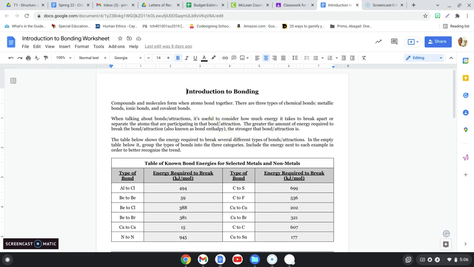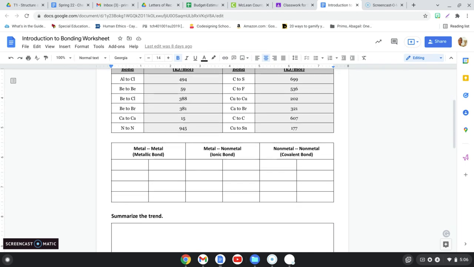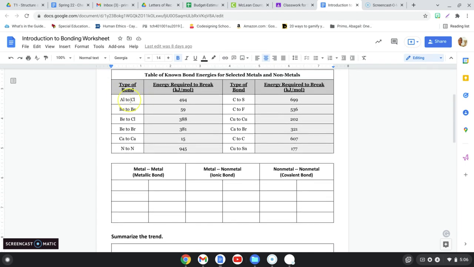So what you should have on this sheet that you did Wednesday is all you needed to do: just look at what was bonded to what and then look at the energy value next to it. So when this says metal to metal, I'm going to look at beryllium to beryllium. I know that those are metals, right? Well, here's the energy value.